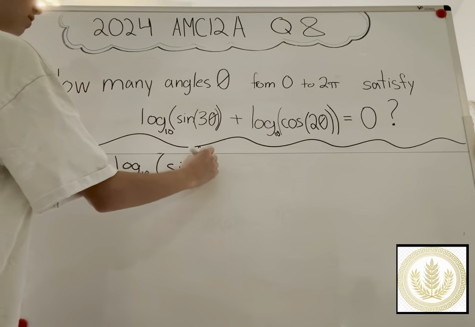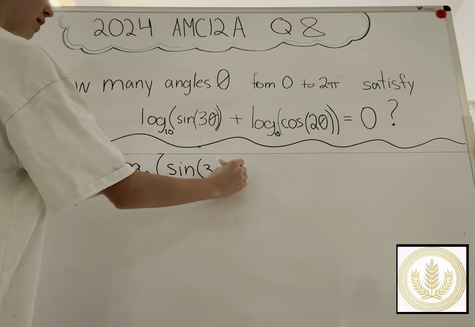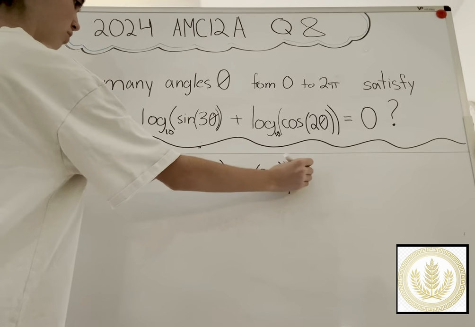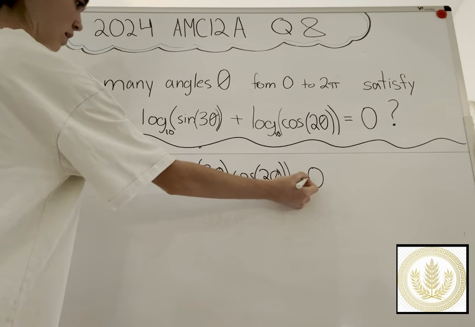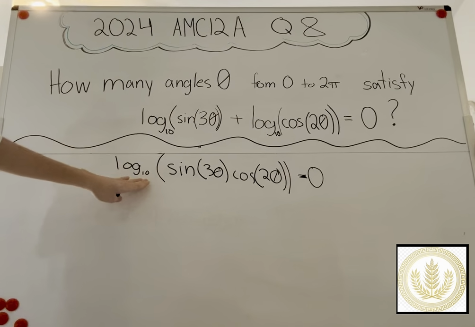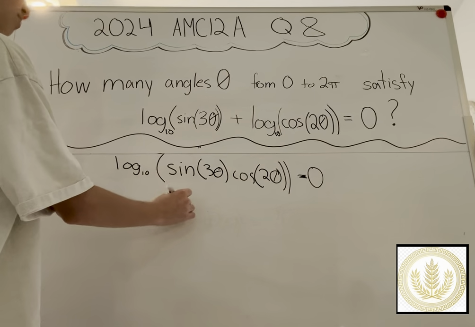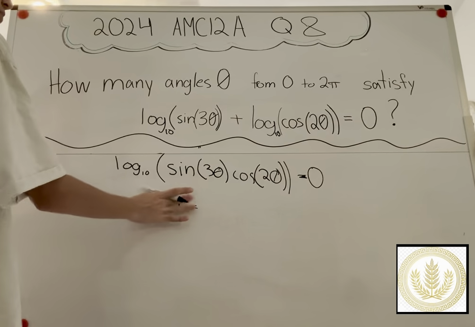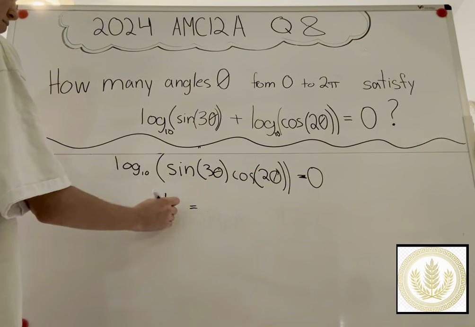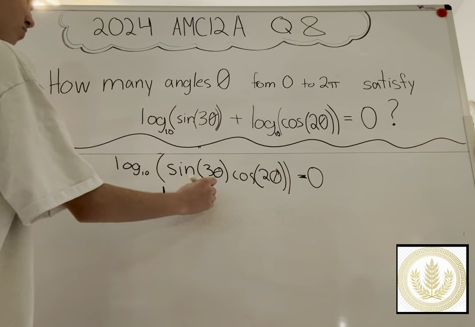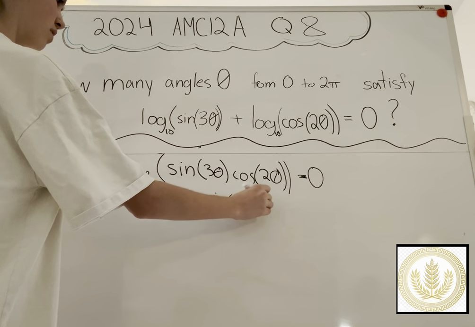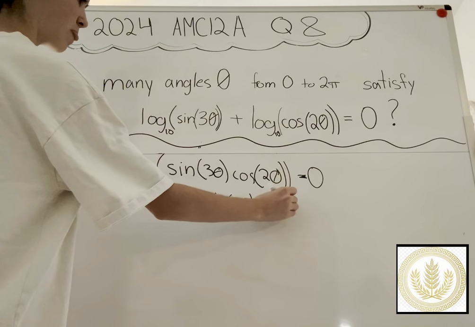So we get sine 3 theta multiplied by cosine of 2 theta, which all equals 0. And remember, by the property of logarithms, we want to find 10 to the power of 0 equals this whole inner expression. And 10 to the power of 0 is simply 1. So we know that 1 is equal to sine 3 theta cosine 2 theta.